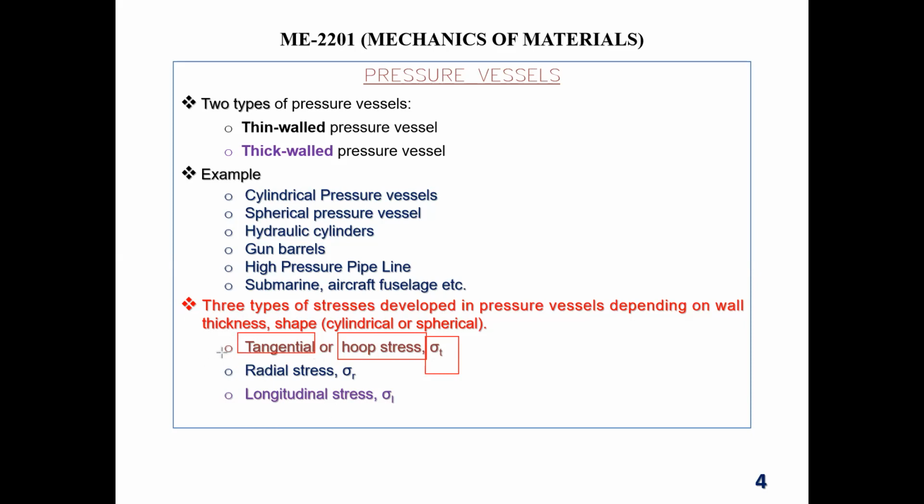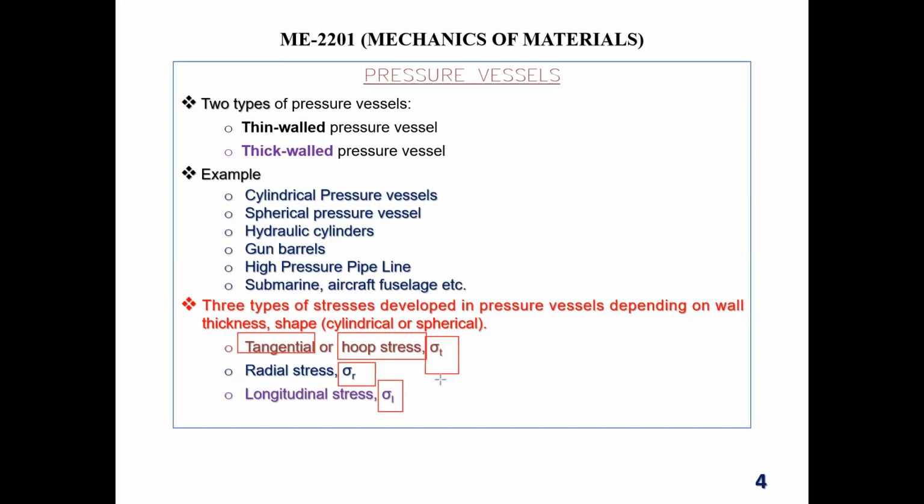Then another stress is called radial stress, sigma R. Then longitudinal stress, sigma L. Those are the three types of stress in a pressure vessel. If any of these three stresses becomes higher than the ultimate or yield strength, that means your pressure vessel has failed. Now, how will you measure this stress?